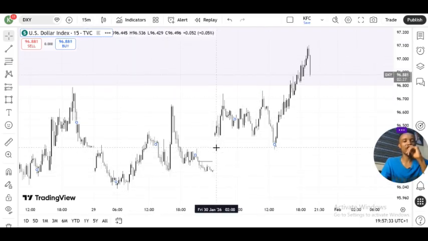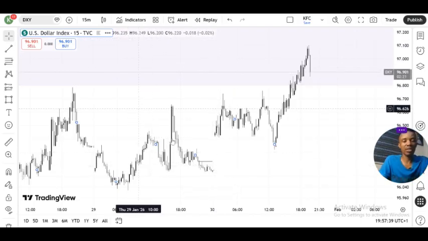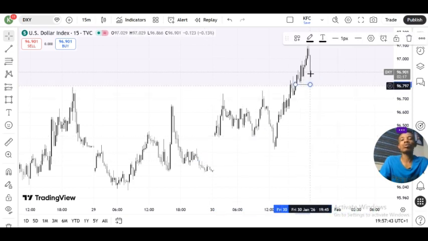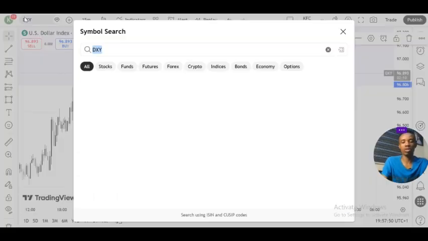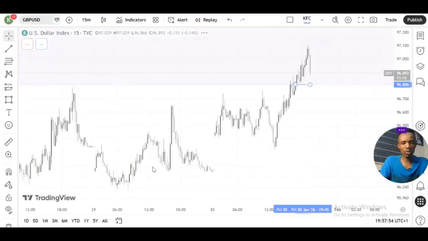But if you look, you see that there's another one here. Most likely price may come fill up this before going up. So if I find a bearish confirmation and price taking out this low, then I may trade the DXY bearish to this point before going bullish, and that means I'm going to be going bullish on GU.